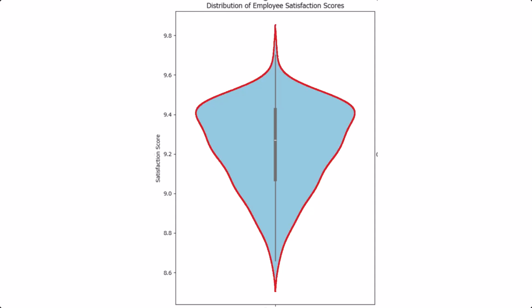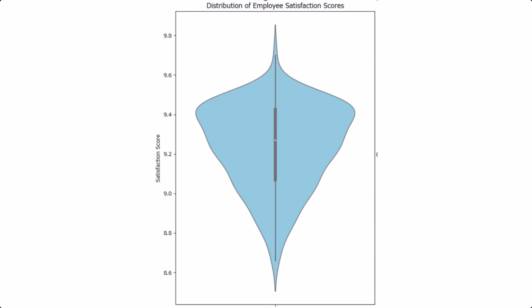This smoothed outer line displays the density of the data, or how many data points there are around each value. For example, the violin chart is widest around 9.4 because the most employees have satisfaction scores around this value. This means you can quickly see where most of the data lies by looking at the widest part of the chart, and where data is rare by looking at the thinnest parts.